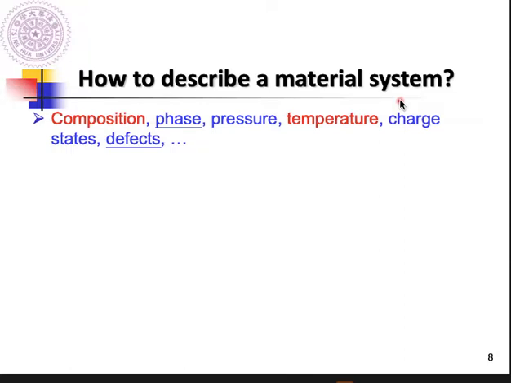Some people will say, I can describe my material system by composition, the phase (BCC, FCC, alpha, beta), pressure, temperature, charge states, and some defects. All these parameters can help us describe a material system.